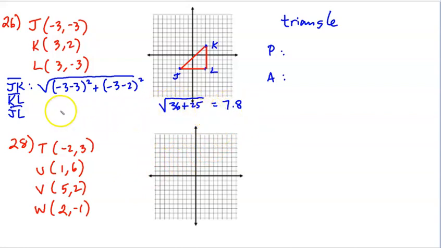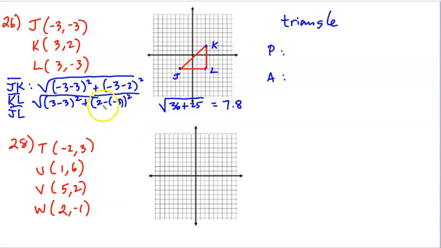All right, now let's find KL. And KL, the distance, it's the square root of the difference between the x's squared plus the difference between the y's squared. And of course, that's going to be 0 squared, which is 0.